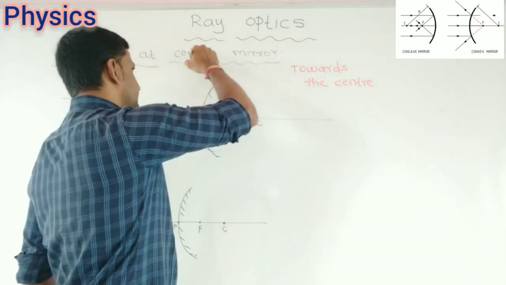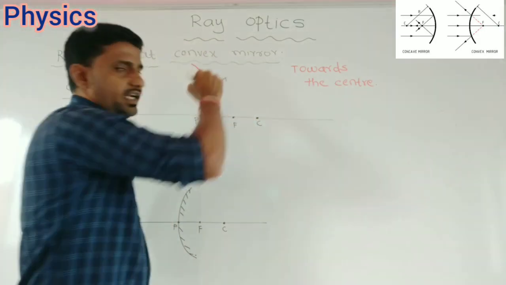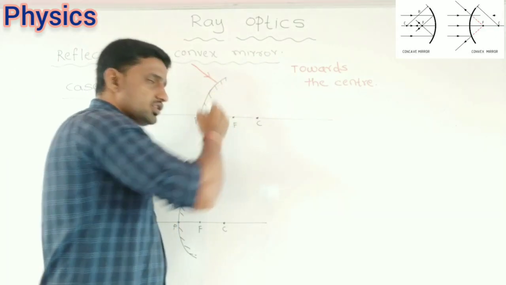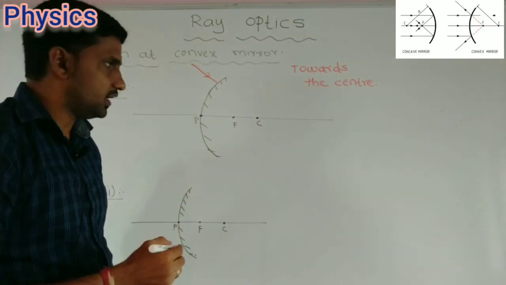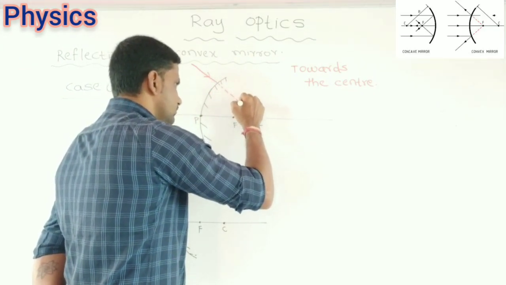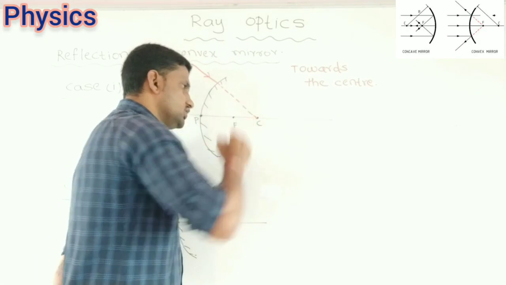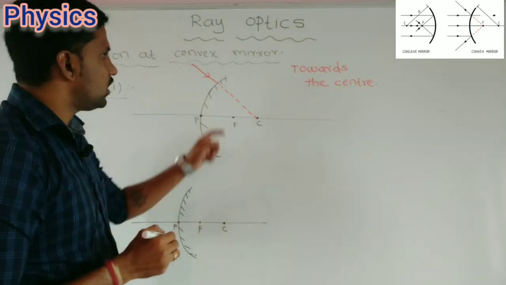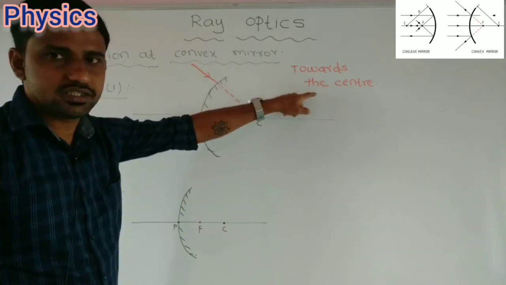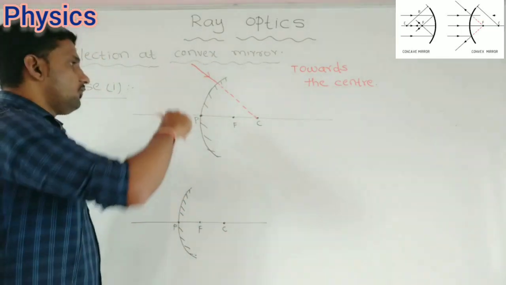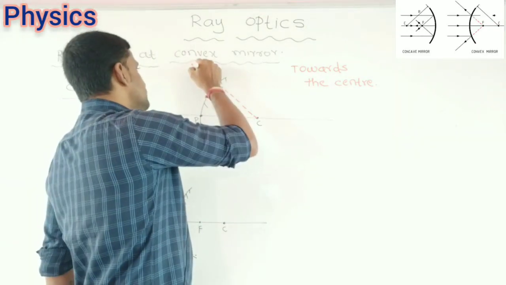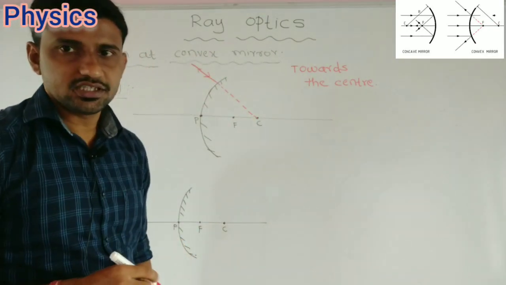That means the ray hits the surface of the convex mirror, and if I extend this line, it joins the center. I am incidenting a ray of light towards the center. After hitting the reflecting surface, it will retrace its path. That is the first case.